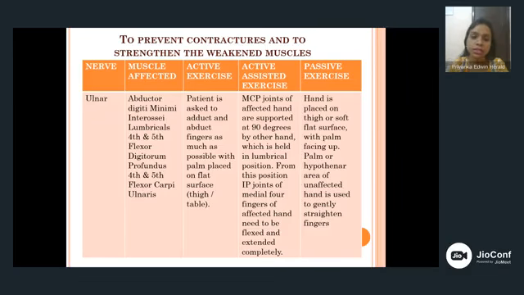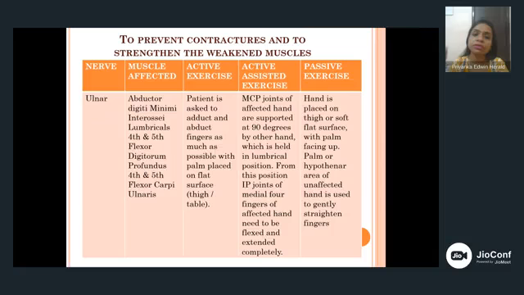All these muscles get affected if the ulnar nerve is involved. So we give active exercise if the patient is able to do. If he is not able to do actively, then we assist. And if he is not at all able to do, if there is presence of any contractures or claw hand, then we give them passive exercise.